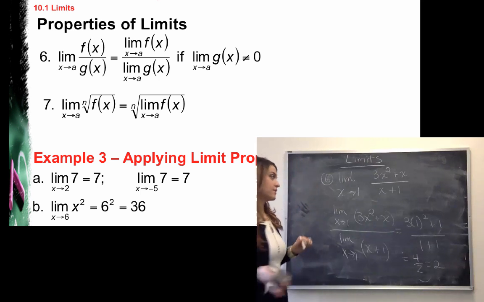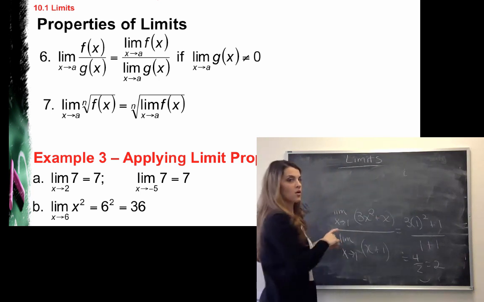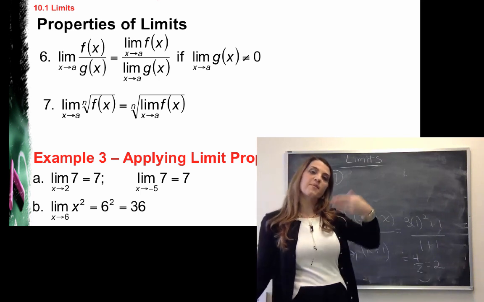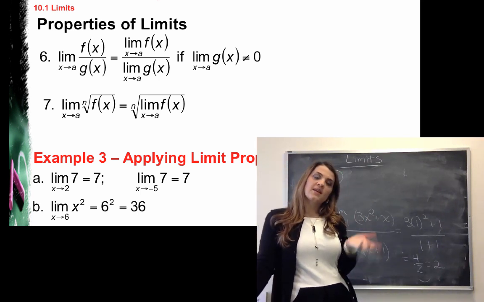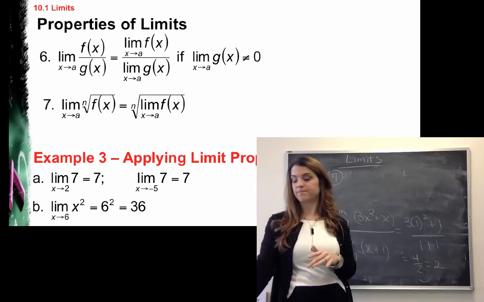Now let's look at number 7, or property 7. Property 7 says the limit as x approaches a of some nth root of the function is the same thing as you taking the nth root of that limit of the function.